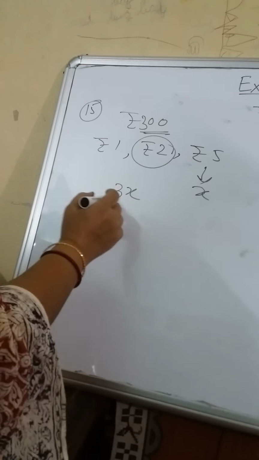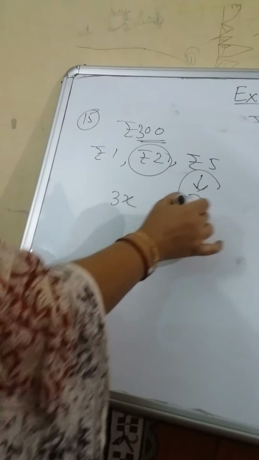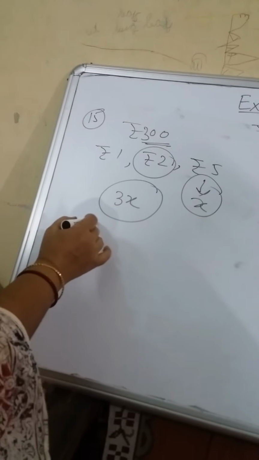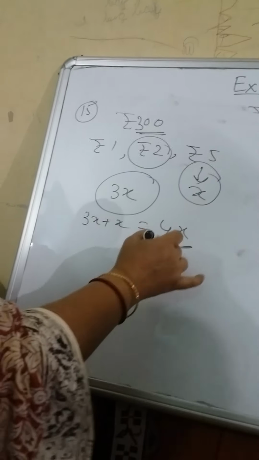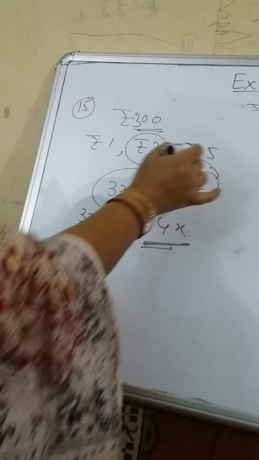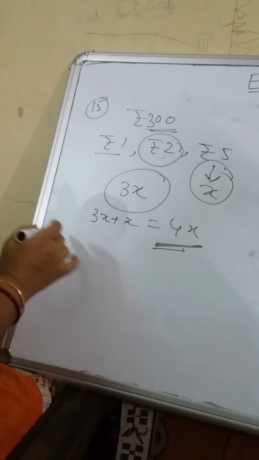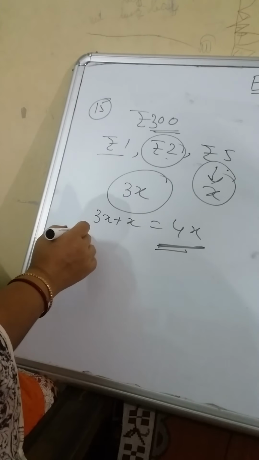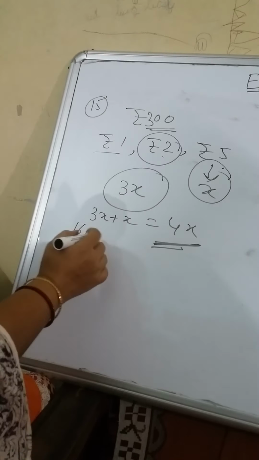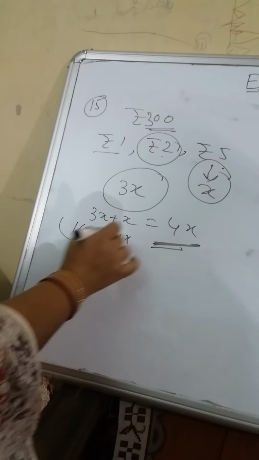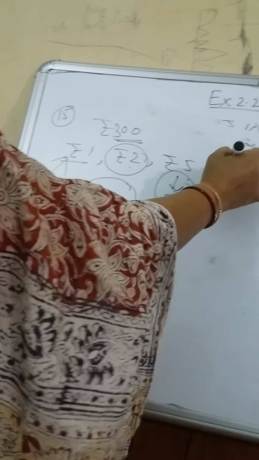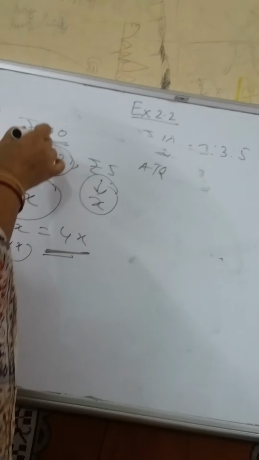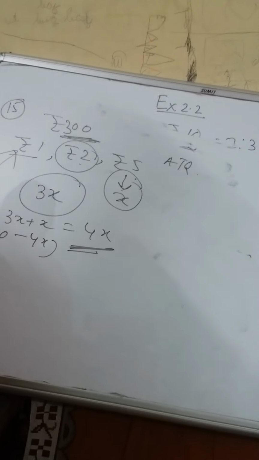If I add the 5 rupees coins and 2 rupees coins, that will be 3x plus x, which is 4x. So I have 4x coins of 2 rupees and 5 rupees. How many are left? The total number of coins is 160, so 160 minus 4x will be the 1 rupee coins. According to the condition, the total money is 300 rupees.